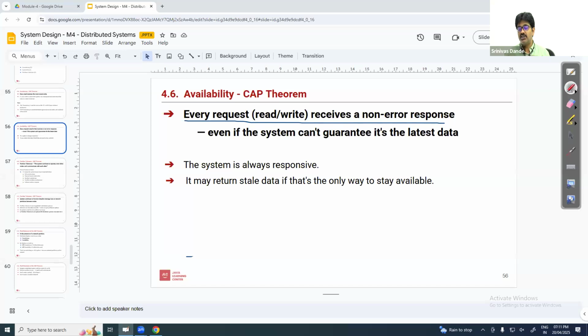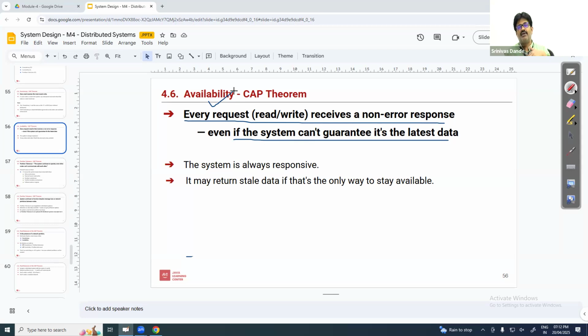Even if the system cannot guarantee that it is the latest data or old data, it will always give you the data. That's what we call available. The system is always up and running, and for every request you will get a response. What is availability, guys?